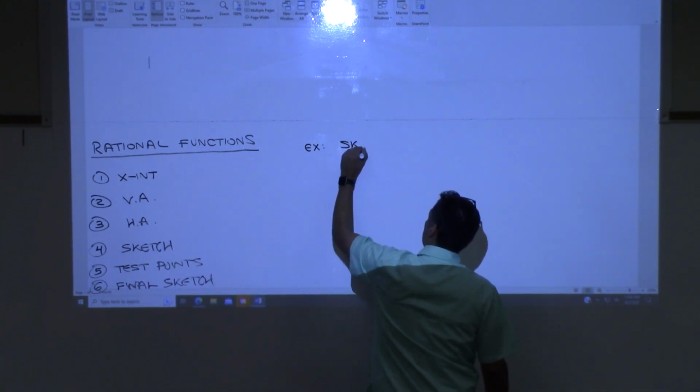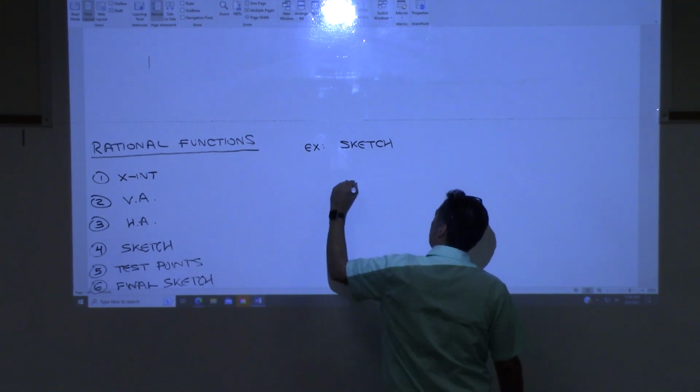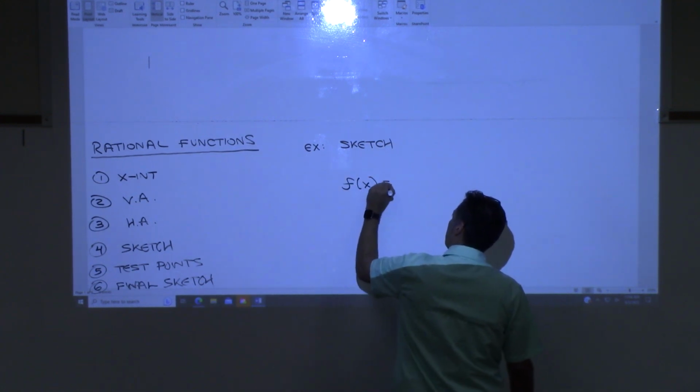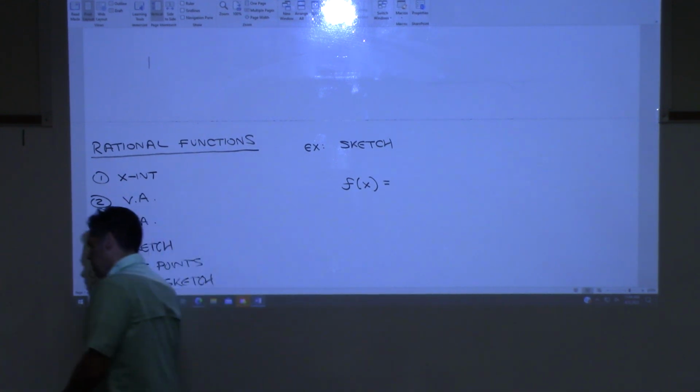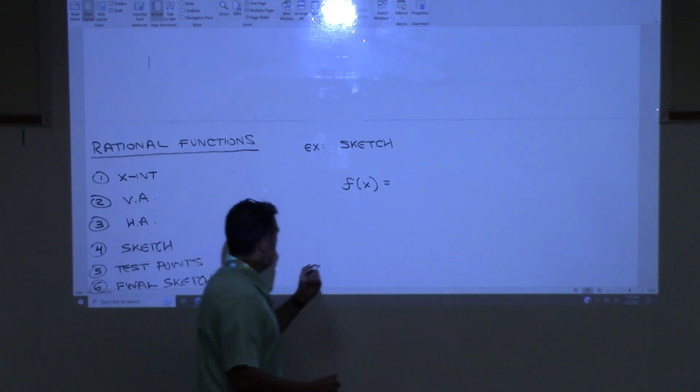Let's sketch the polynomial function f of x equals, man, all these markers suck. Let's see.